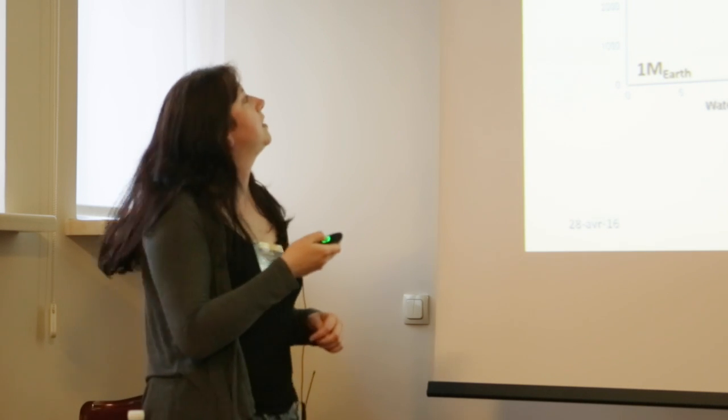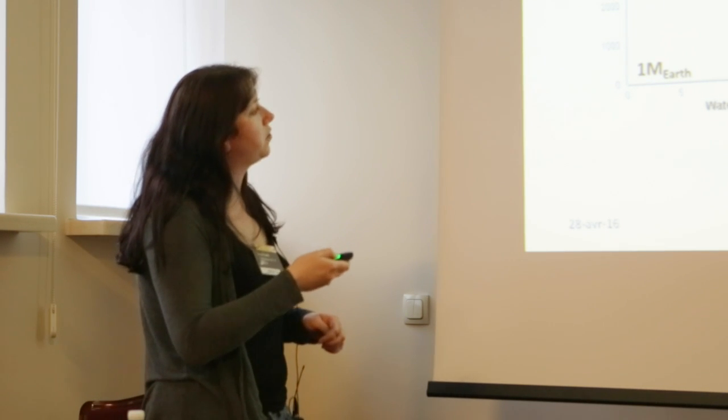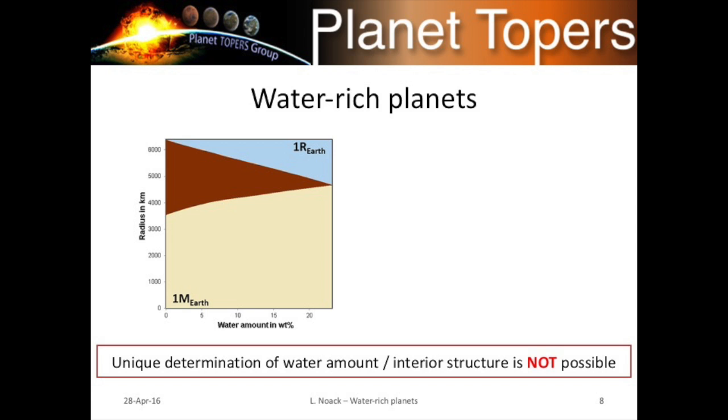So here, for example, you can see different kinds of models with variable water amounts from 0 to about 25 weight% of water. And the radius of a planet starting from 0, from the center of the planet to the surface. Here you can see different possible interior structures for one Earth mass, one Earth radius.